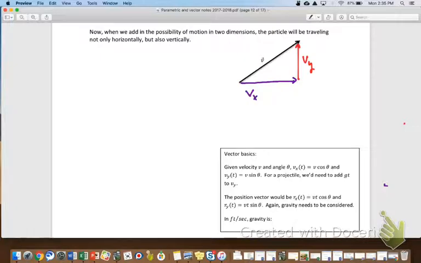And those can be broken down into what those actually are. You'll see this down below in the little box. Vx is equal to the velocity vector times cosine of theta, with the angle being right there. And then Vy would equal V times sine of theta, again with theta being in the same spot.